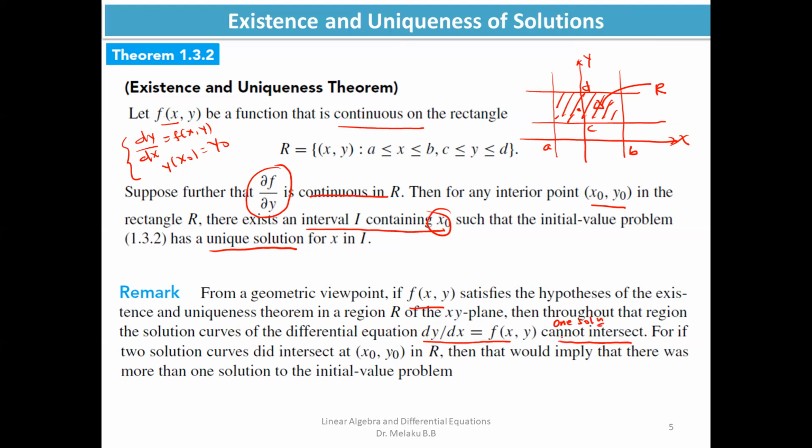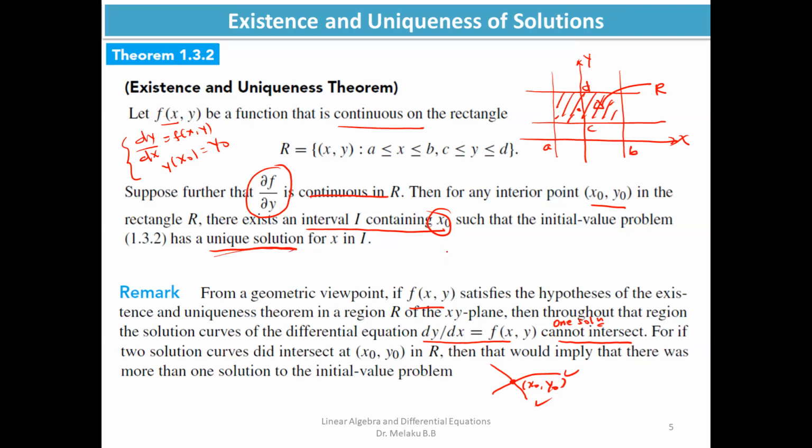What if it intersects? If we have intersecting curves, this could be considered as two solutions, which means this curve and this curve could be treated as solutions for a certain differential equation at the certain point x naught, y naught. In this case, it contradicts our theorem about the unique solution.